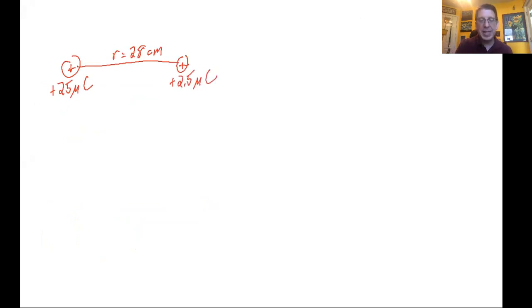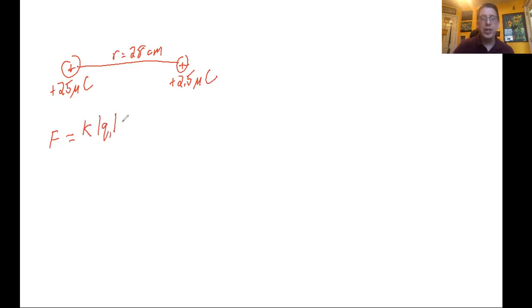And so the problem asks for the magnitude of the force. If it's asking for the magnitude, that means the signs involved don't matter. Because they're both positive, we know they're going to repel each other, but it's asking for the magnitude, so that's F without the arrow, the magnitude of the force vector. That's equal to k times the absolute value of q1.